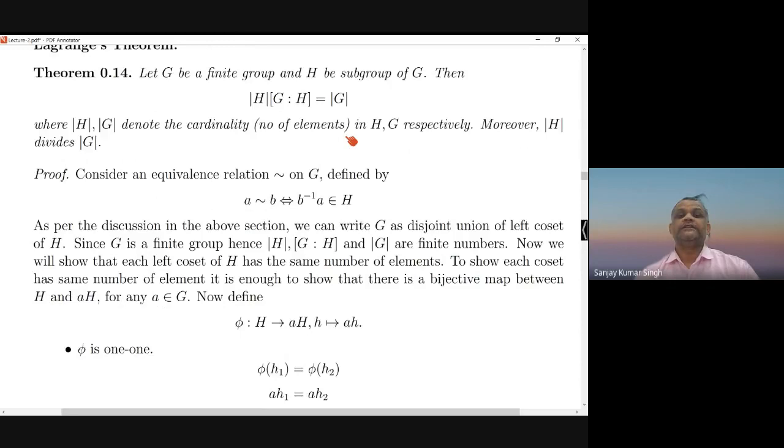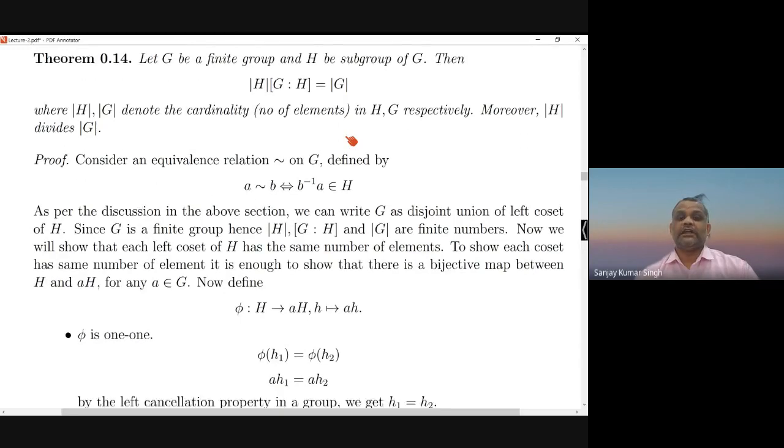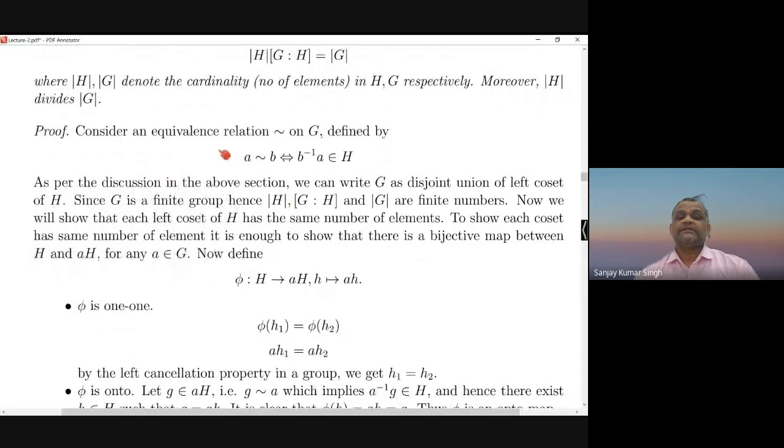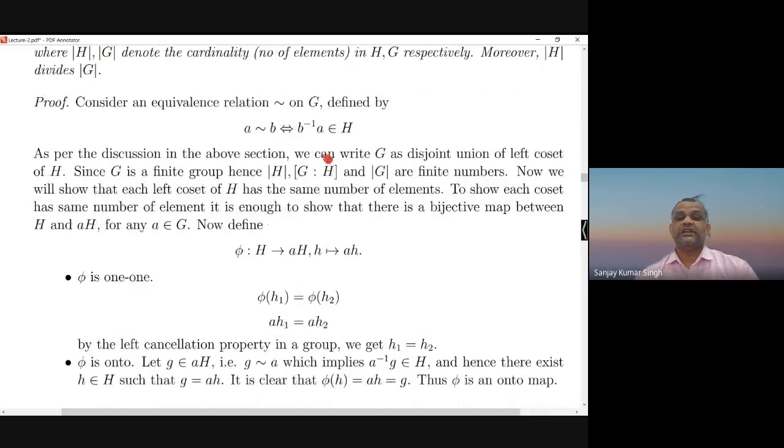So how do we prove this? It is a very simple proof; we have already actually proved most of it. We consider this relation, and with respect to it, we have just observed that the equivalence classes are the same as the left cosets of H. And I proved that whenever you have an equivalence relation, you can partition the set into equivalence classes.